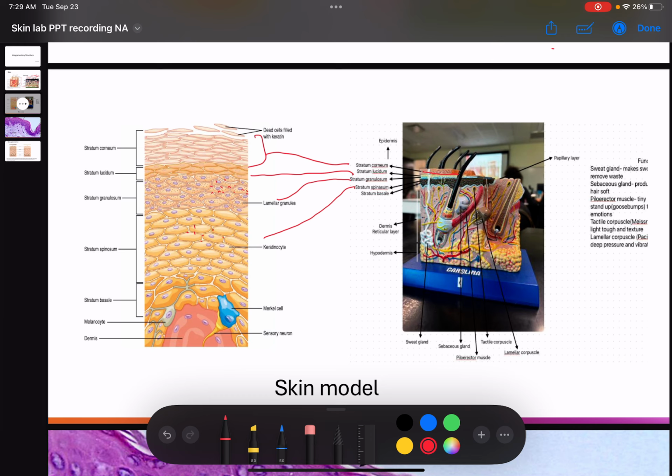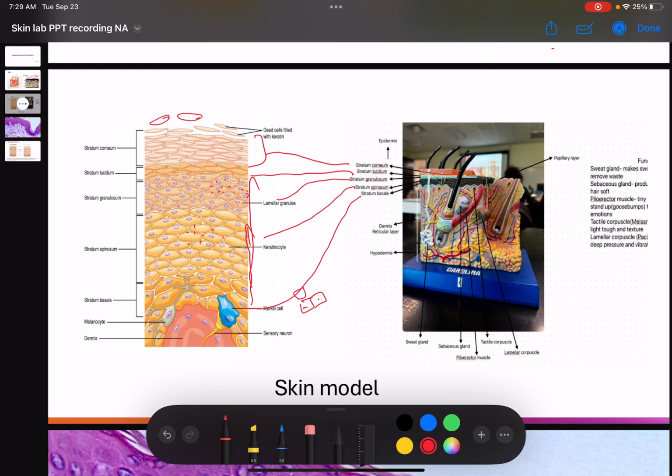You can see some areas. Basale, that's in the deep layer. This is the layer that only divides and makes more cells. They're pushing this way superficially. So this stratum corneum outer layer is the dead cells. When they shed off, this will move to replace that.